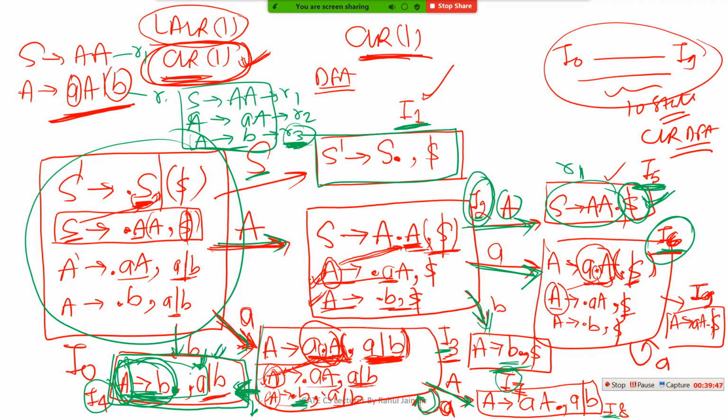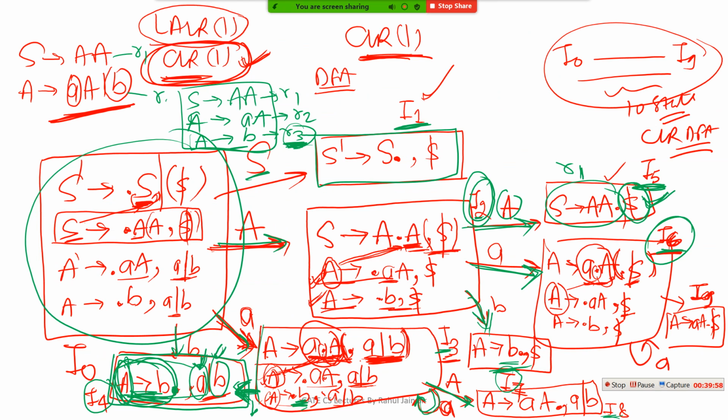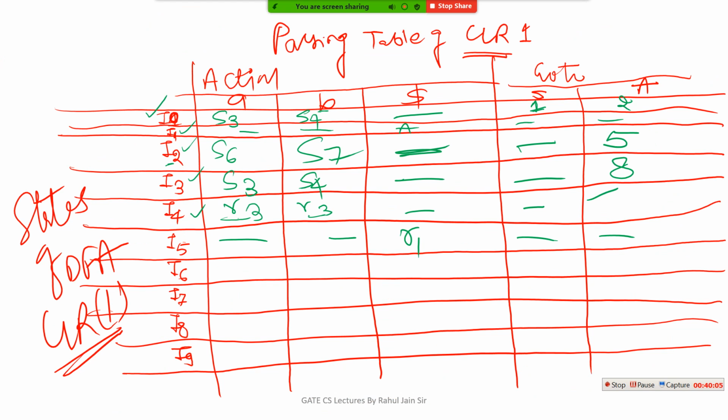The look ahead of this A is A and B. So I have reduced R3 on A and B. Is it clear, Soumya, why I have reduced I4 on A and B? Because in I4 the look ahead of this A is A as well as B. That is why on both sides, A and B, I have reduced it. Got it? Very good, Soumya. You got the point.